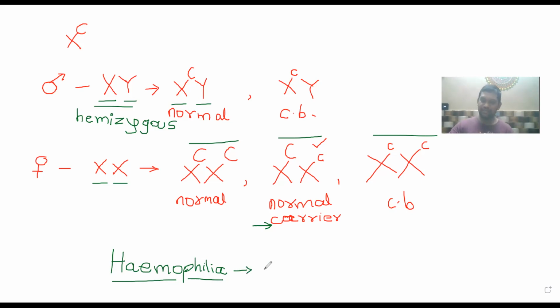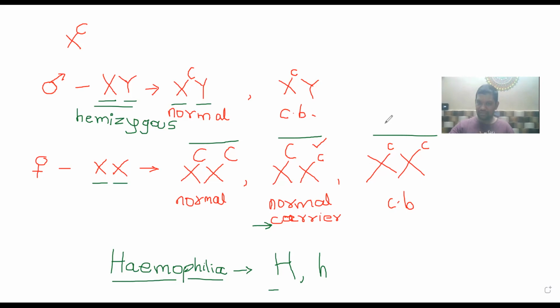The allele for hemophilia is again on the X chromosome, just like that for color blindness. We represent it by capital H and small h. Capital C and small c denoted normal, carrier or color blind. In the same way we can call normal, carrier for hemophilia, or totally hemophilic.